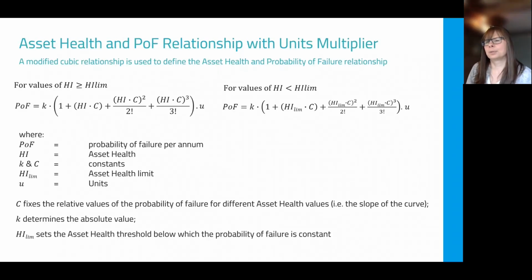Okay. Probability of failure. I've got a whole webinar on this slide, which you might have seen. The addition I've made is just adding in this units right at the end. For linear assets, the probability of failure is always multiplied by the length of the cable or the conductor. For assets which are not linear, that is effectively a value of 1, so it doesn't make any difference.